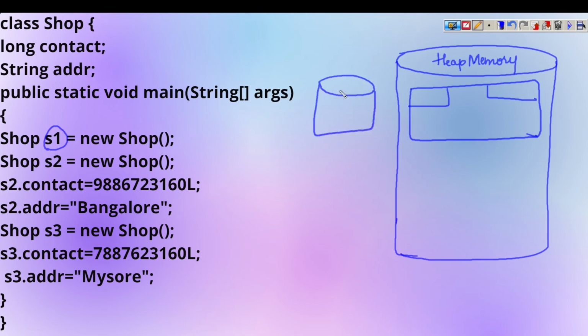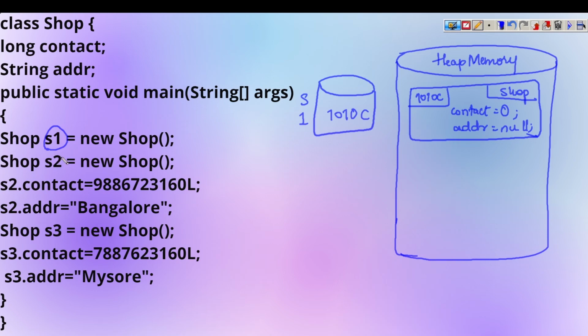An object will get created like this with s1, a name, and some dummy address. This is the object address, this is the class name, and you have contact and address. Contact is initialized to a default value, and address is null.